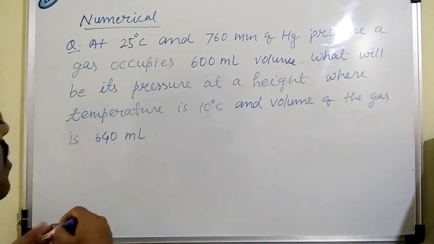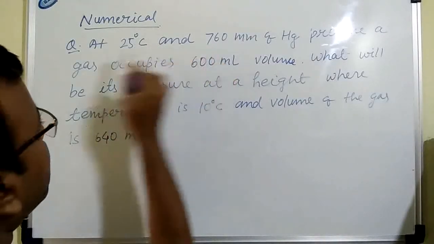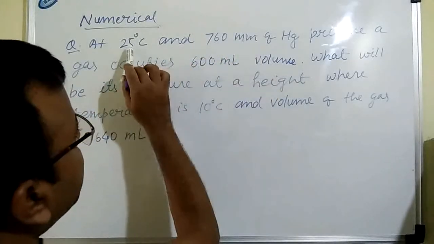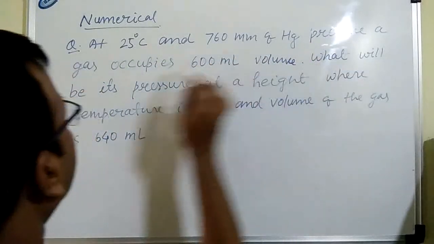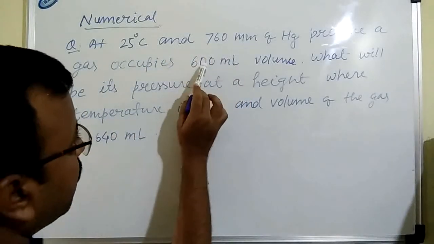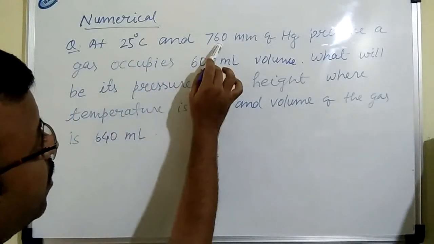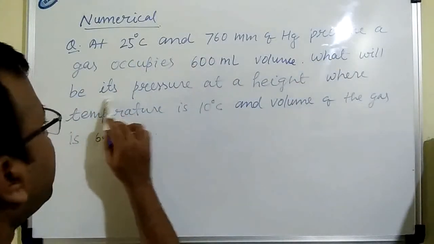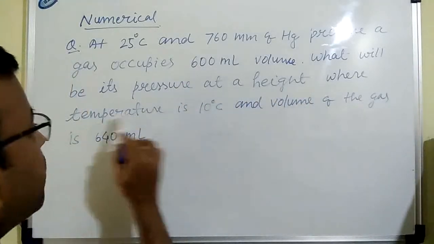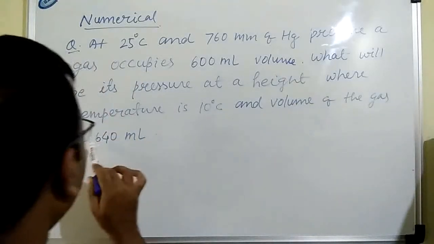Here see, at 25 degree Celsius and 760 mm of Hg, the temperature and pressure of a gas occupies 600 volume. Temperature, pressure and volume, 3 variables are given. What will be its pressure? Pressure will be asked, at a height where temperature is 10 degree Celsius, this is T2, and the volume of the gas is 640.